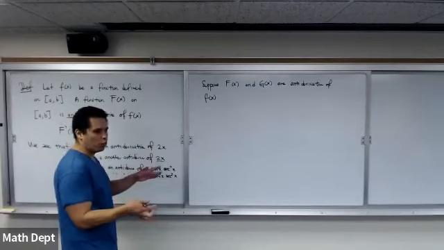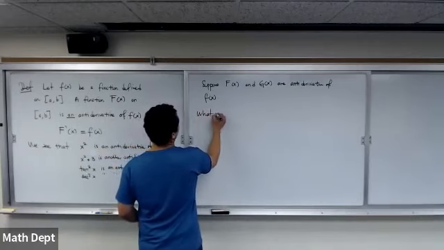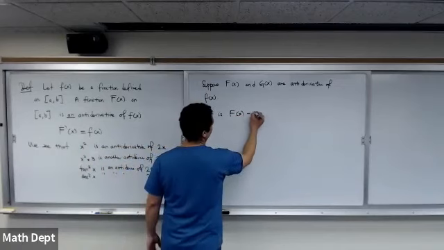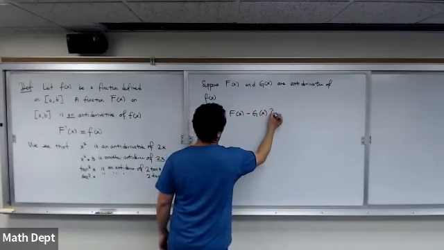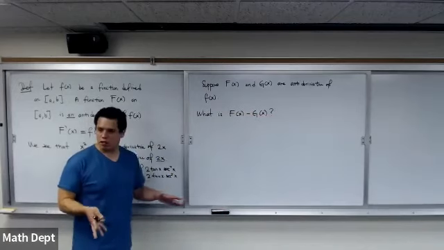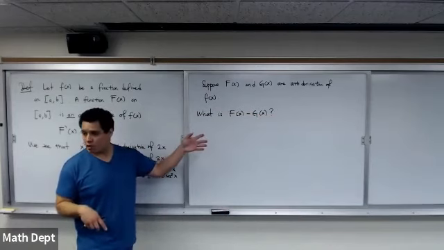The question is the following. What is the difference of these two? What kind of function is it? The expectation from the examples that we have is that this must be a constant.